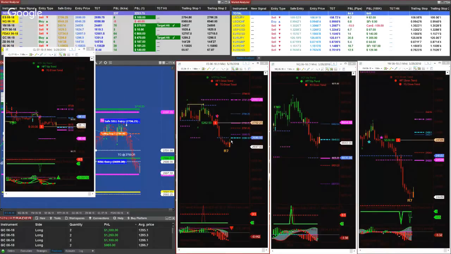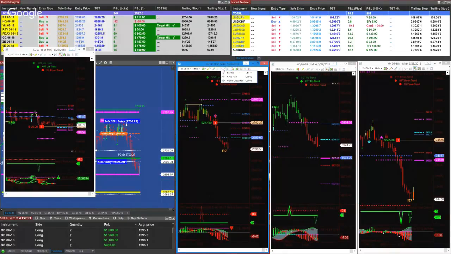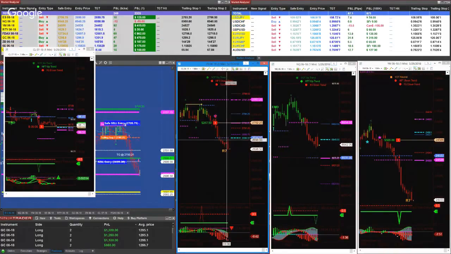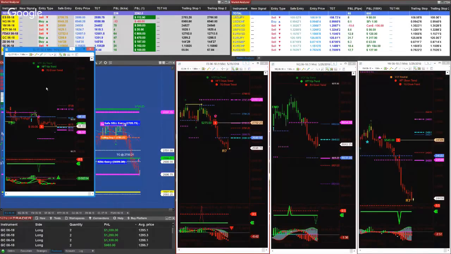Look at this. This is a very good potential re-entry point on the ES, the 69 level. We're still struggling on the CL, waiting on the inventory today.